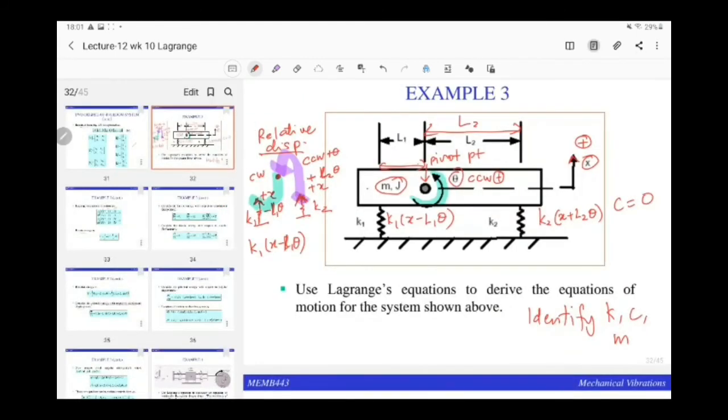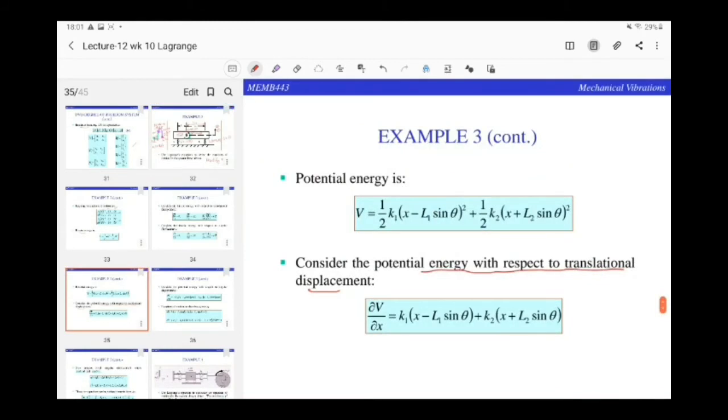So if we go back and continue to slide 35 here, you can see that is how we got these expressions. Remember, in the question they already mentioned small displacement. When you talk about small displacement, then sine theta is equal to theta.